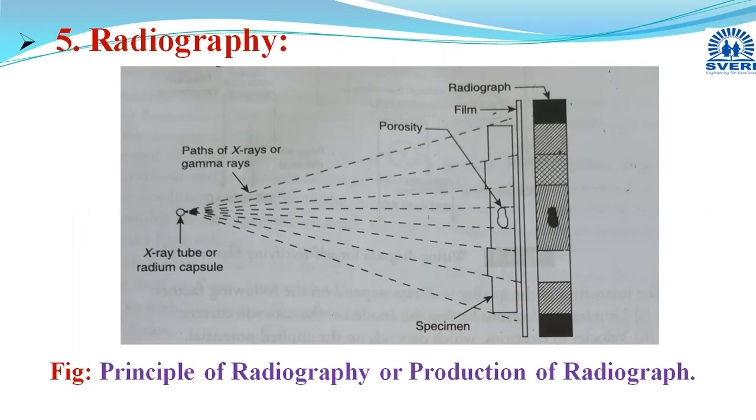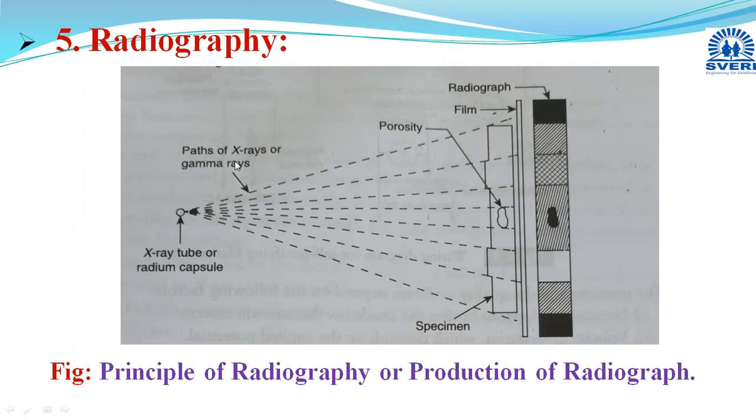Now here, how will we actually find out the defects? Suppose this is the component and in this component we want to find the defect. It is exposed to the radiations or waves from those different sources.